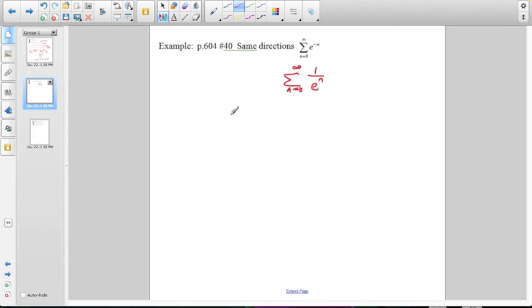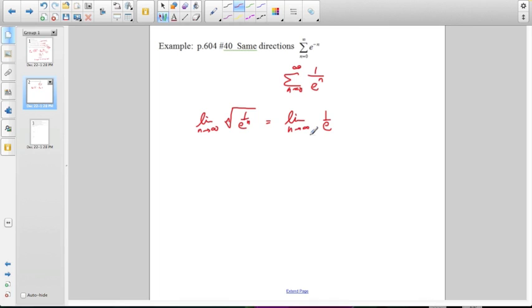And so we're just going to do the root test on this. So we're going to go ahead and take the limit as n goes to infinity of the nth root of 1 over e to the n. And that's also 1 to the n as well. So that's really the limit as n goes to infinity of 1 over e.